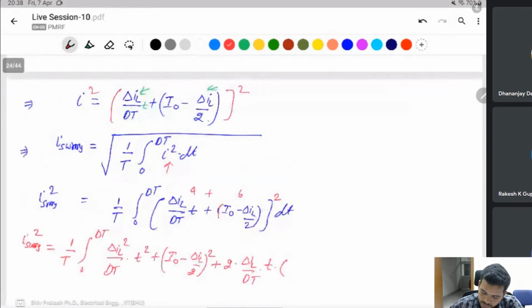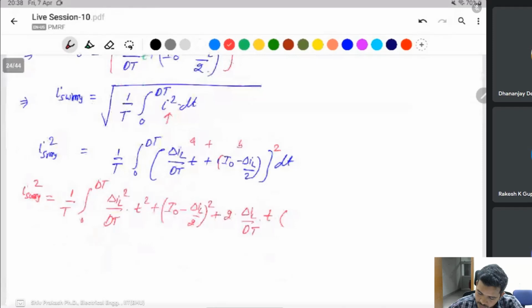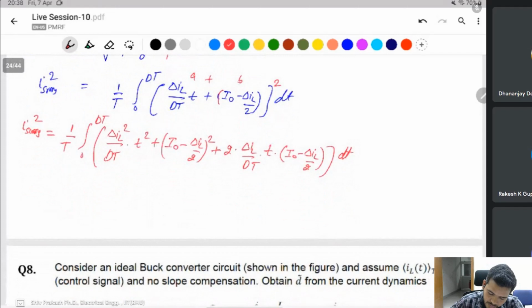So I naught minus delta IL by 2. This will be a constant, delta IL square divided by dt square, only time varying, in dt integration. This one t square integrates to t cube by 3.